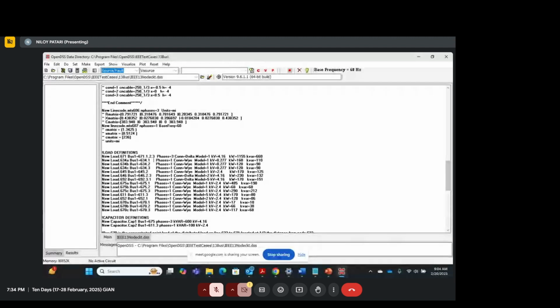And you have the kV, you have kilowatt, you have kVAR. Now we can just check for one case. So suppose this particular thing, right, which is 670. So at 671, 2, and 3, there are different values of load. So basically, in phase A, you have 17 kilowatt, 10 kVAR.